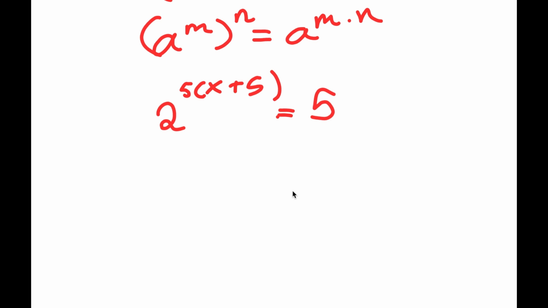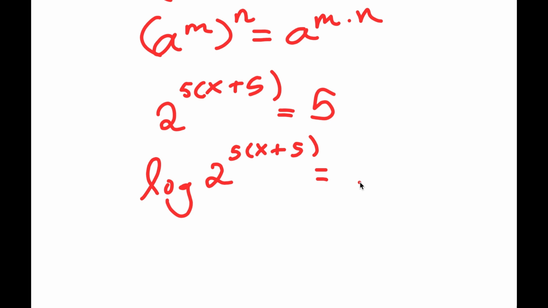Now, I'm going to go ahead and take the log on both sides. So I have log 2 to the power of 5 times x plus 5 is equal to log of 5.